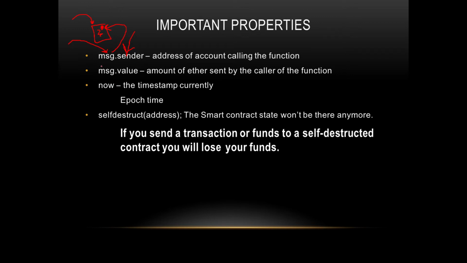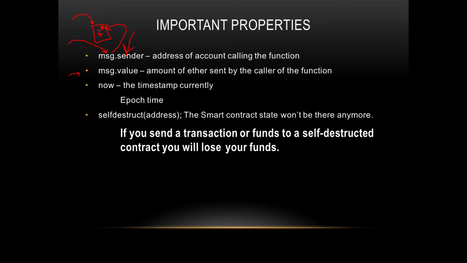Next, message.value. Message.value is the amount of wei, ether, finney, any unit you can say, that is given to the function by the person who has called the function. So basically, if you want to send some money inside the smart contract or inside any function, you will use this for the amount of the transaction or the funds that have to be received.